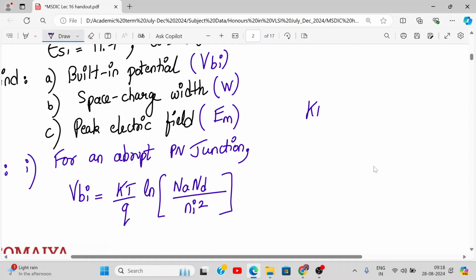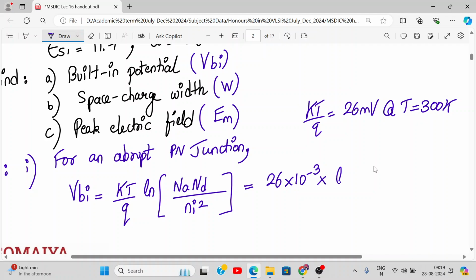KT by Q is 26 millivolt at T equal to 300 Kelvin. So substitute the values: 26 into 10 raised to minus 3 into natural log of Na is 10 raised to 16, Nd is 10 raised to 15, and Ni square is 1.5 into 10 raised to 10 the whole square.